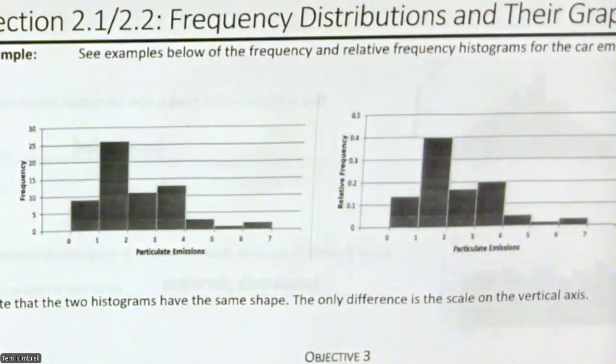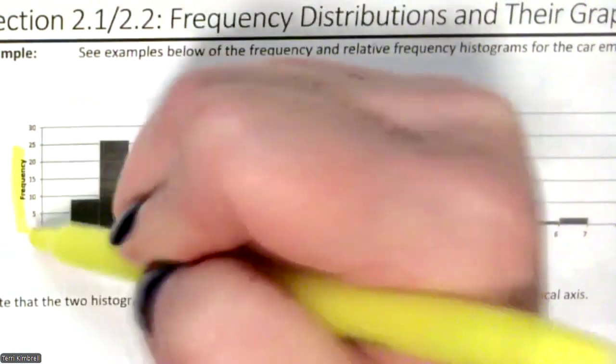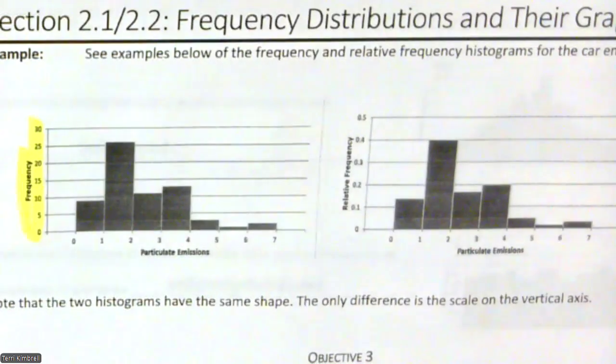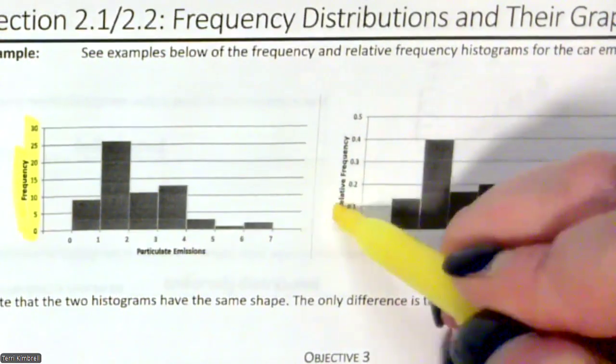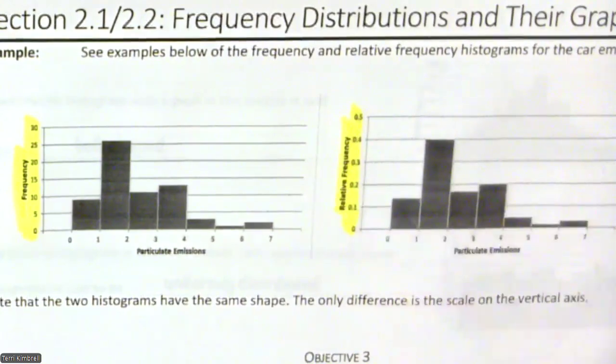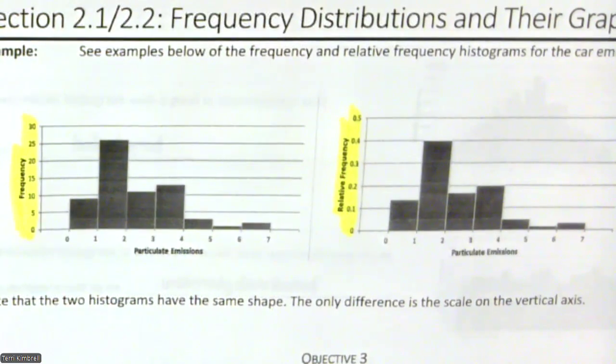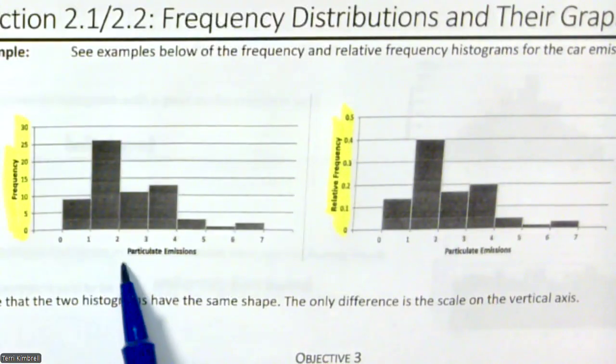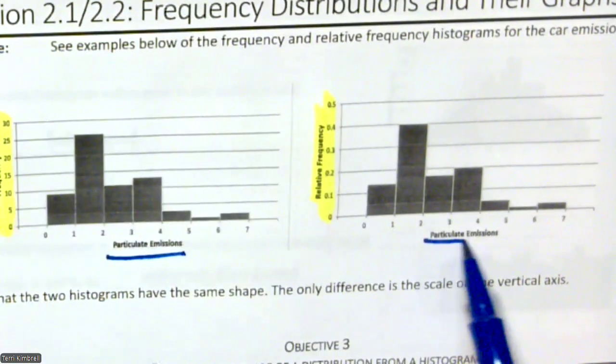So when you look at this, you're going to see below that there is a frequency graph and a relative frequency graph. So with the frequency, you're probably going to have whole numbers because it's a count. And with the relative frequency, you're probably going to see your decimals because we're dealing with that percent. Now, if you notice here with the graphs, you still have the x-axis right here, okay?